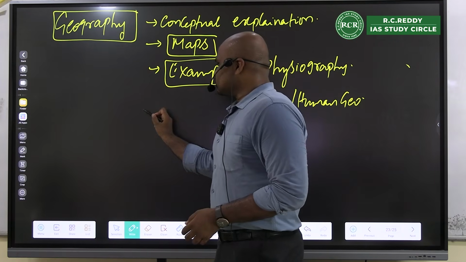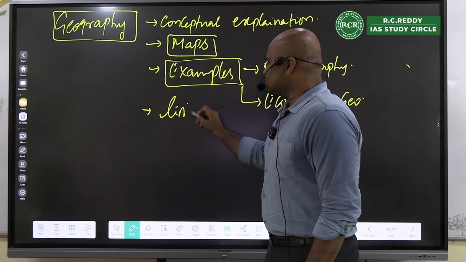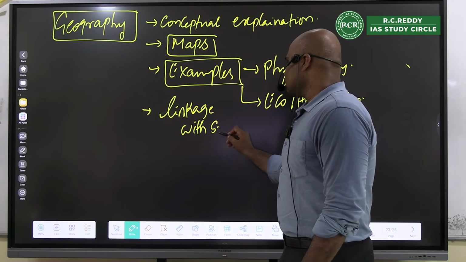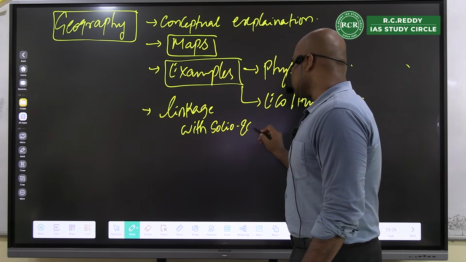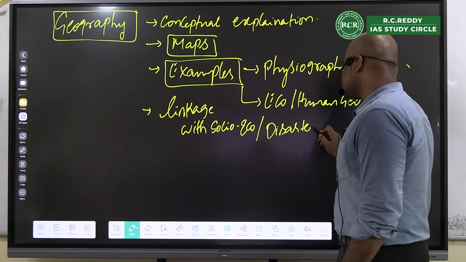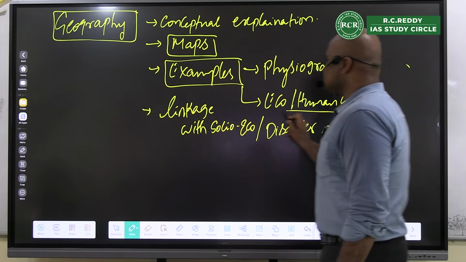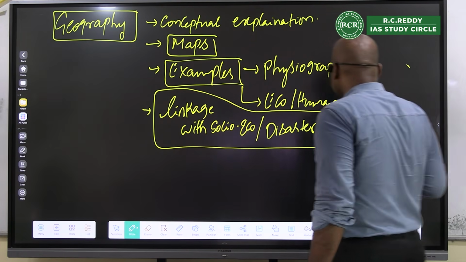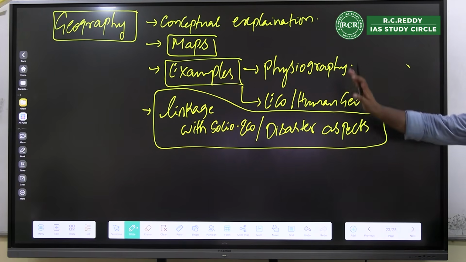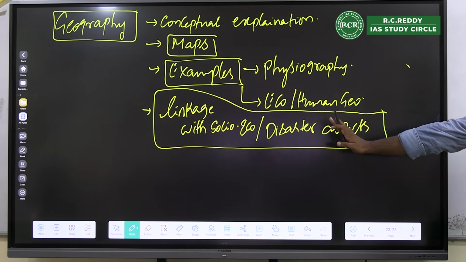Another aspect that you need to remember here is, ensure that you bring in the linkage with the socio-economic as well as the disaster aspects. Any question in geography should definitely have a linkage with socio-economic aspects and disasters.